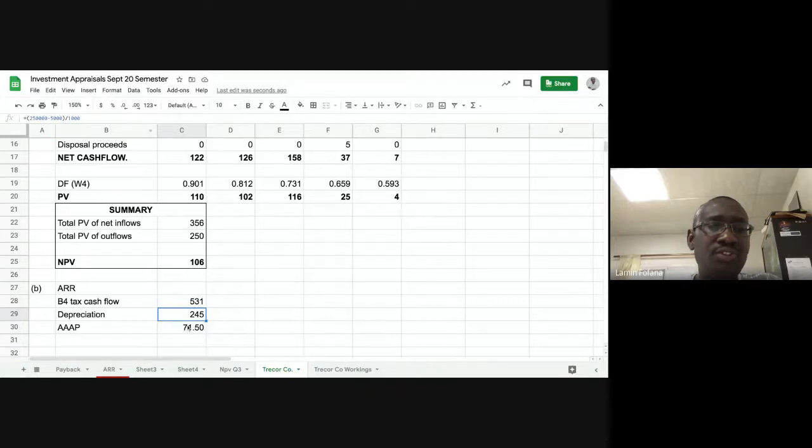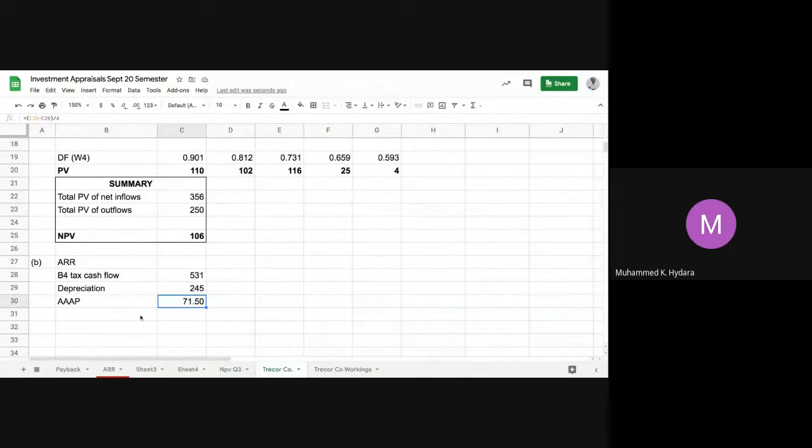So that gives us 245. So the difference between the two, divided by 4, because everything should be average. So that gives us our 71,000 plus. Is that clear now? Yeah, it is.